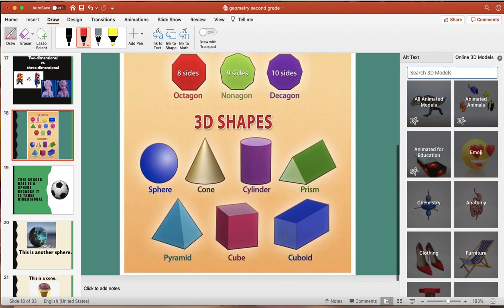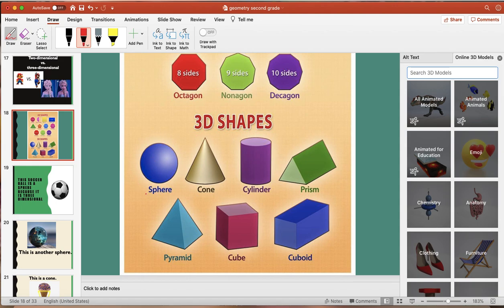Now, we're going to go over some 3D shapes, some new words that you'll hear. They kind of look like two-dimensional shapes that you would be used to, like a sphere. You might say, oh, hey, that looks like a circle. But the reason why this is not a circle is because it's a three-dimensional shape. So this is popping out at us.